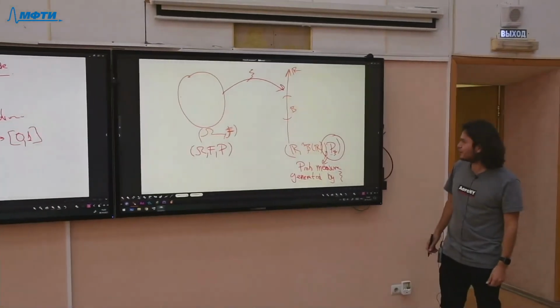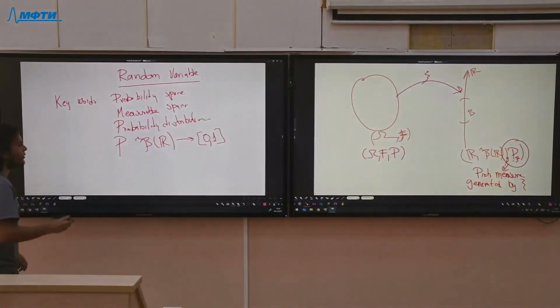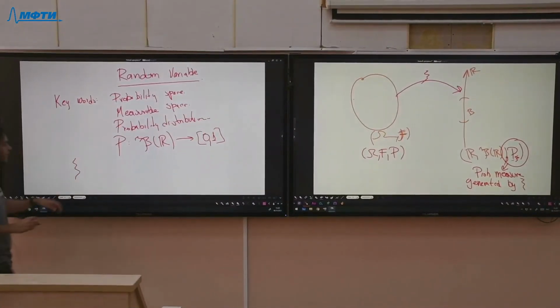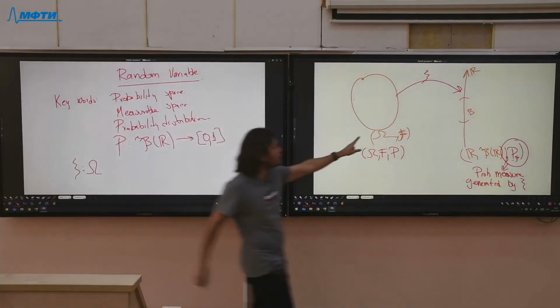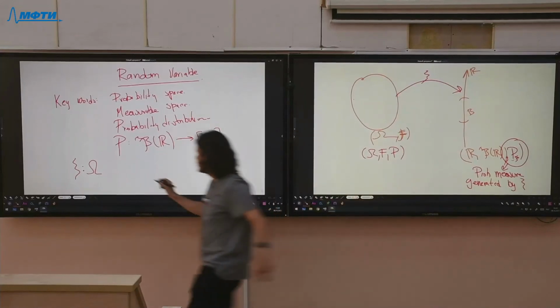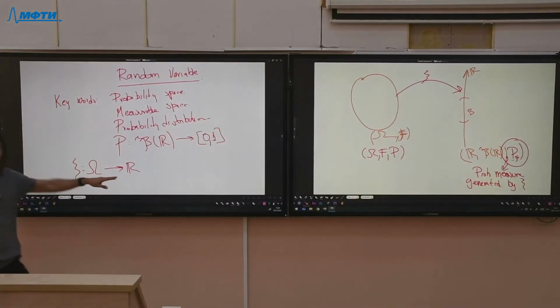And to finish, the definition of a random variable: psi is a random variable if it is a function from omega to the set of real numbers such that this function is measurable.